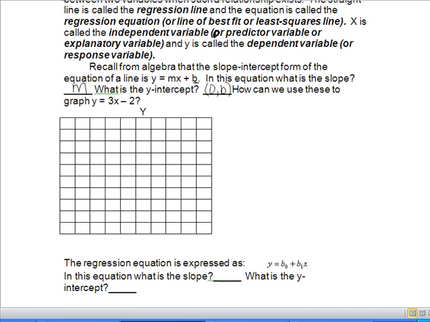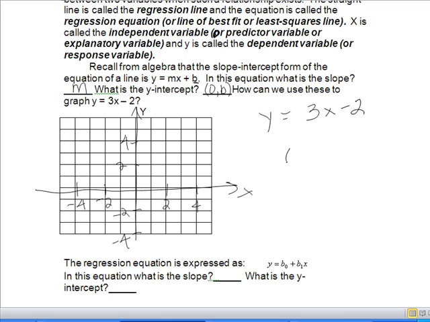So how can we use the slope and the y-intercept to graph y equals 3x minus 2? Here's our y, and here's our x, with 2, 4, negative 2, and negative 4 marked. If we think about y equals 3x minus 2, the y-intercept is (0, negative 2).